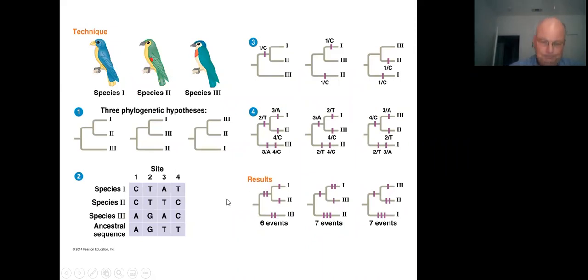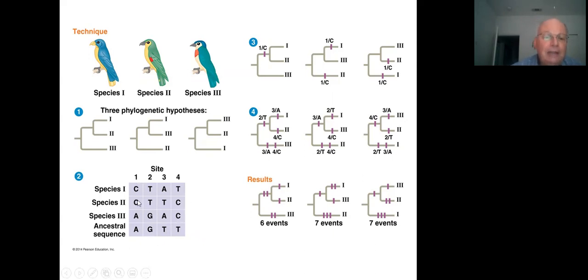So here's what you do. Here is our sequence data, looking at 4 different locations within a particular gene that is shared by all 3 species. This is the ancestral sequence, because remember, if we're defining a clade, we also include the common ancestor. If we're lucky, we may have a way of accessing what the ancestral DNA sequence may have looked like based on sequence comparisons. So here is our data.